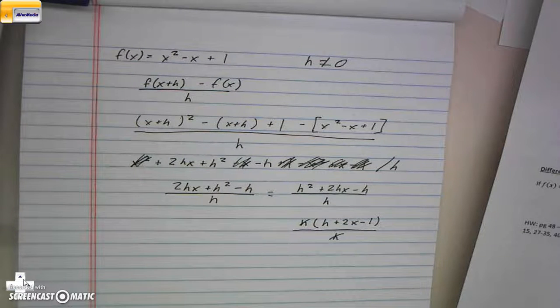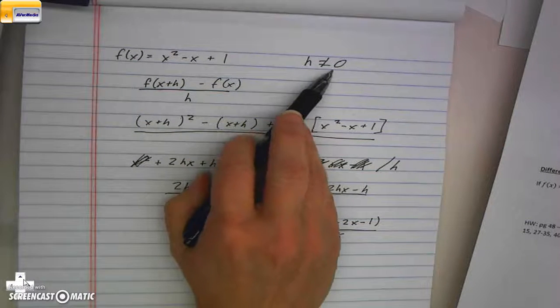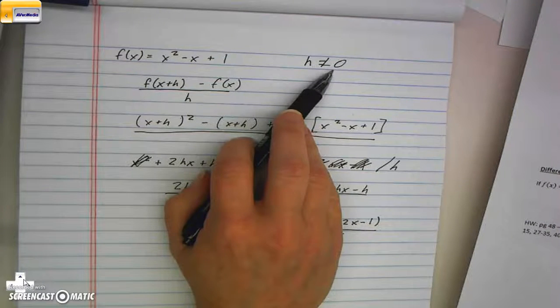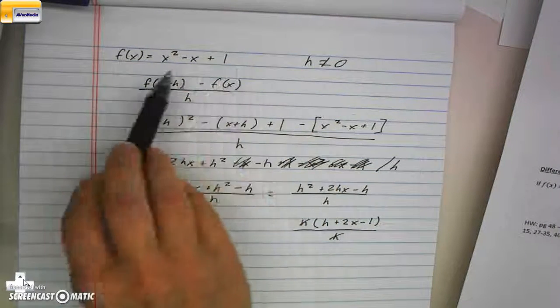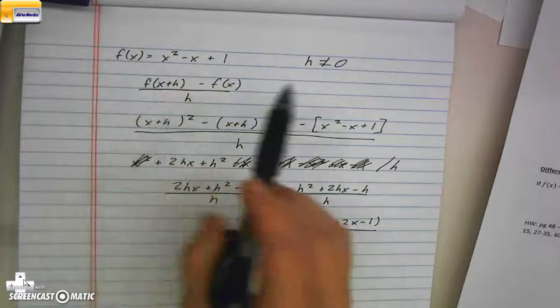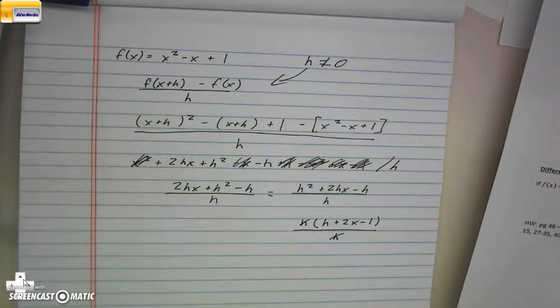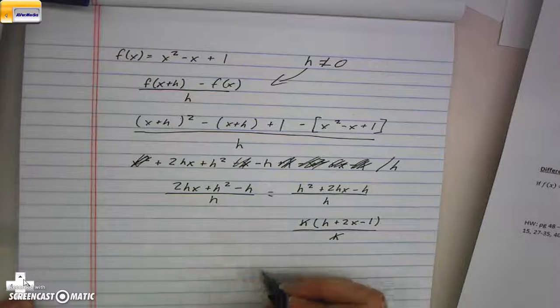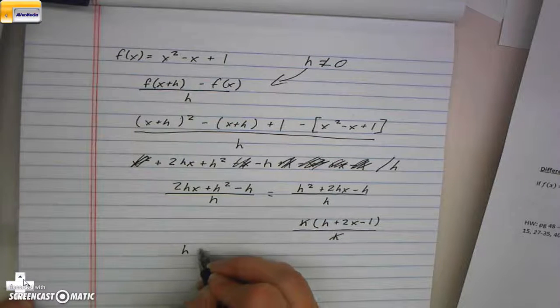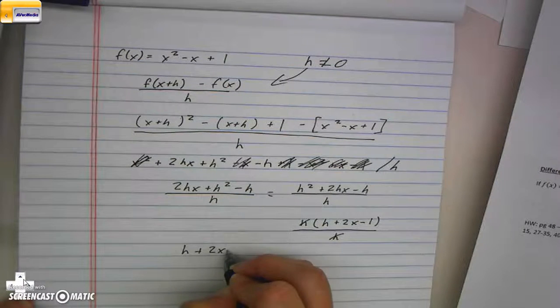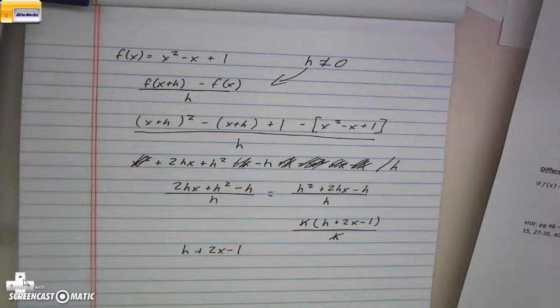So notice at the beginning I said h cannot equal 0, and that is still true. H cannot equal 0 because of what I'm doing right here. Right? I'm dividing by h. However, my final answer has h plus 2x minus 1, and I have no chance of dividing by 0.